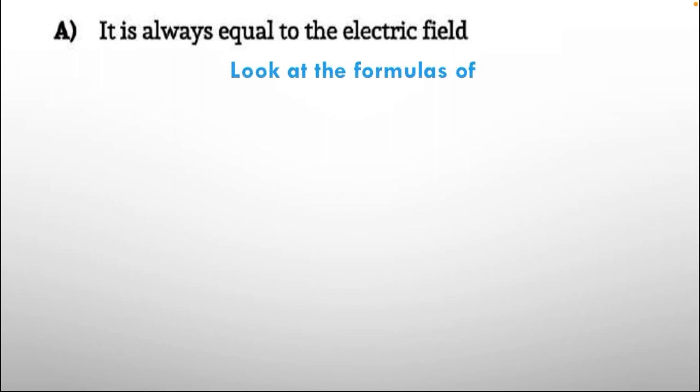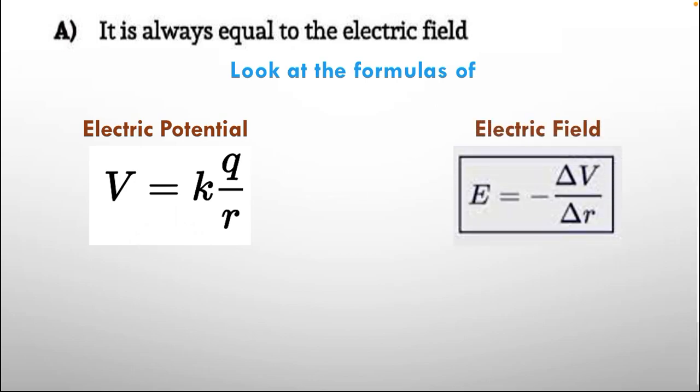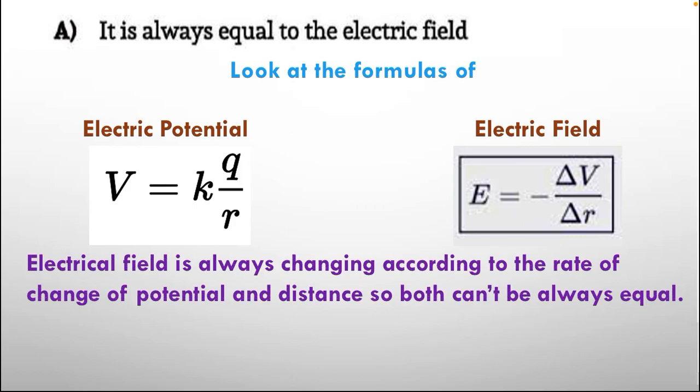Look at the formulas. Electric potential: V equals KQ over R, and electric field: E equals minus rate of change in voltage divided by rate of change in distance. Electric field is always changing according to the rate of change of potential and distance, so both can't be always equal.